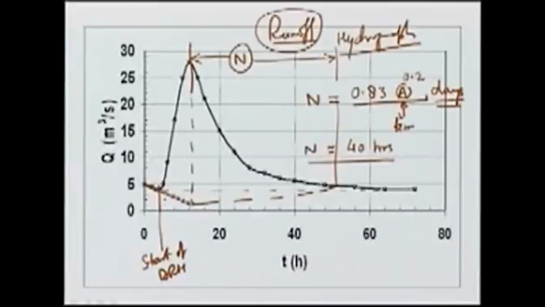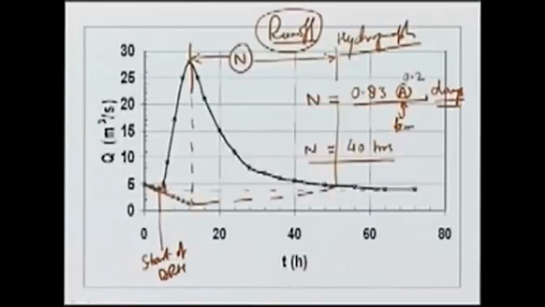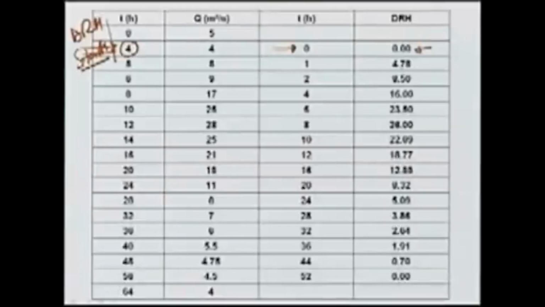Then at 1 hour, which is this point, we take the ordinate, which is 5 meter cube per second, and subtract the base flow contribution, which is computed from here, and we get a DRH of 4.75, saying that the base flow contribution at this point is 0.25.